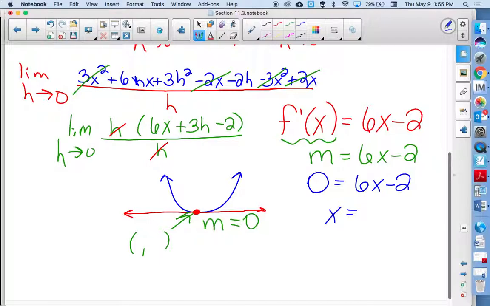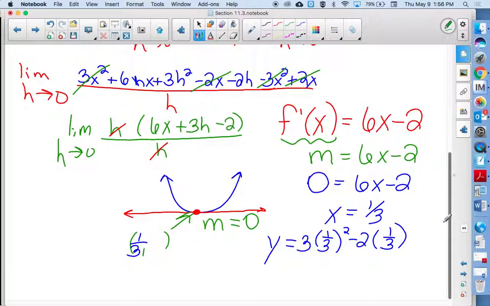So Michael, if you solve for x, you get 1/3. So now we know that the x value is 1/3. How do you find y? Anytime you know x, how do you find y, Michael? Yeah, you plug it back in. So, taking the original equation, because we're trying to find the point on the original equation where this line is horizontal.